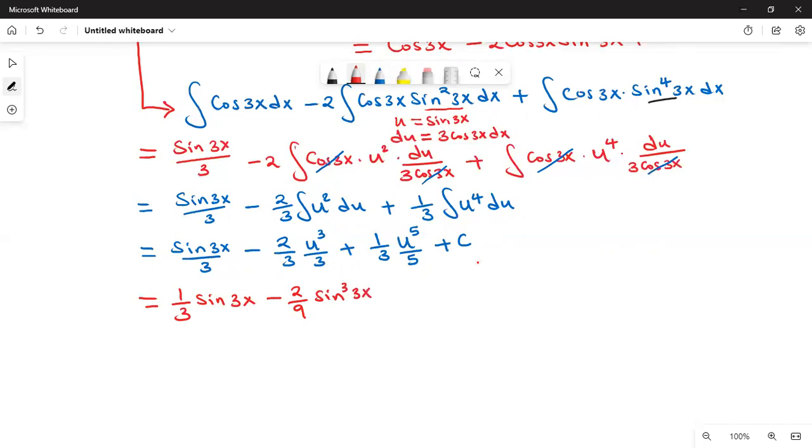So it is u cubed, then plus 1 over 15 sine raised to 5 of 3x plus a constant c. So look at how we have rewritten our integrand. And so you can try the other form that we tried but we didn't finish.